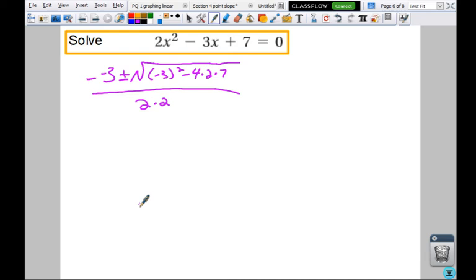Okay. I'm going to plug this square root into Desmos. So the square root of negative 3 squared minus 4 times 2 times 7, right?